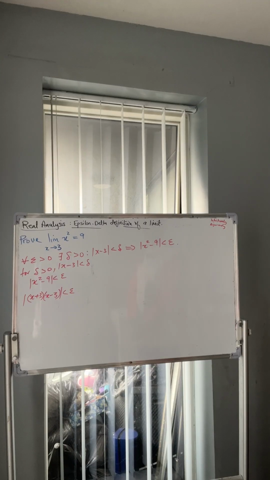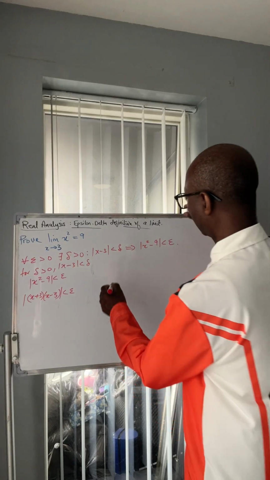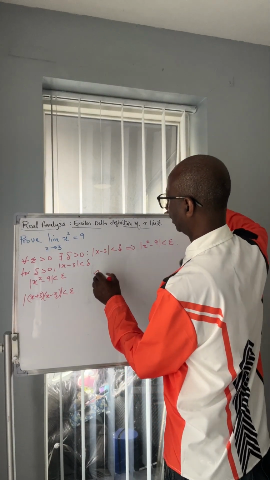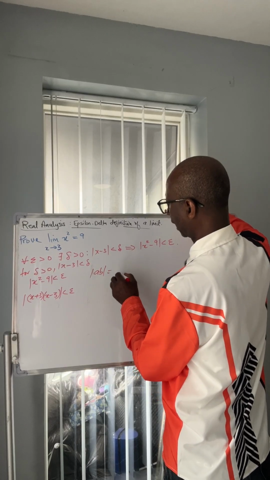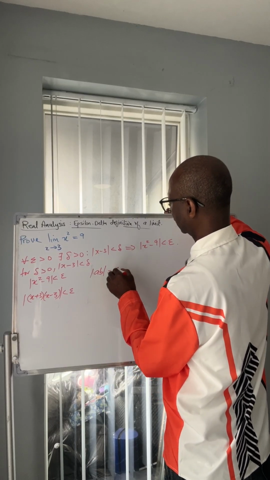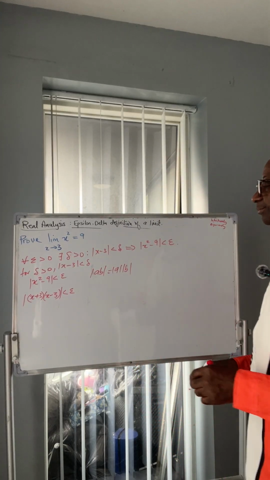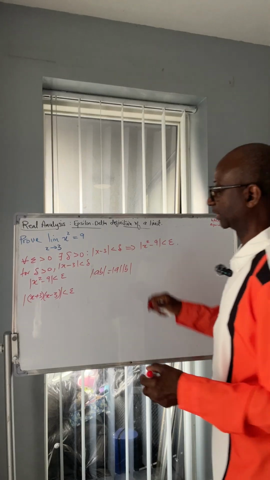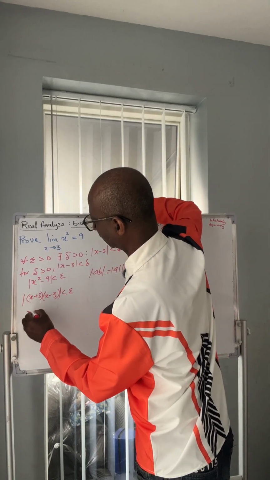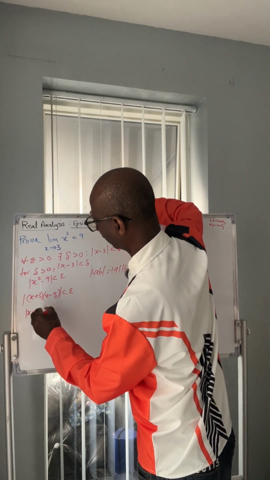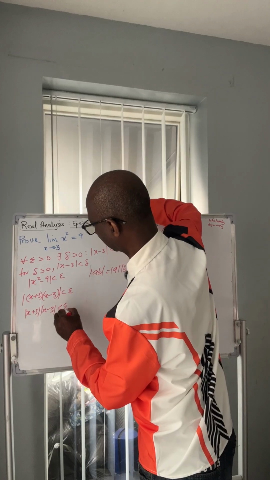These are absolute values. When you have a multiplication of absolute values, A times B, you are also allowed to state it as the product of absolute values. This is allowed, right? So this will give you the absolute value of x plus 3 and the absolute value of x minus 3 less than epsilon.